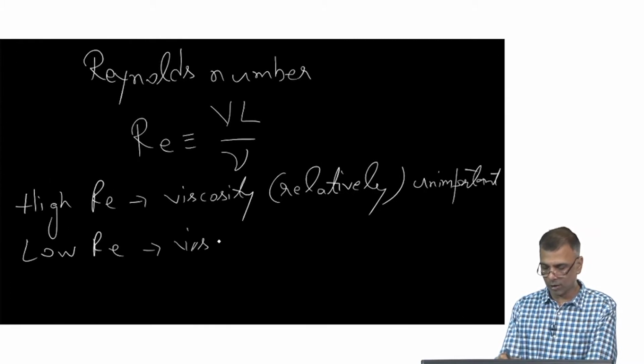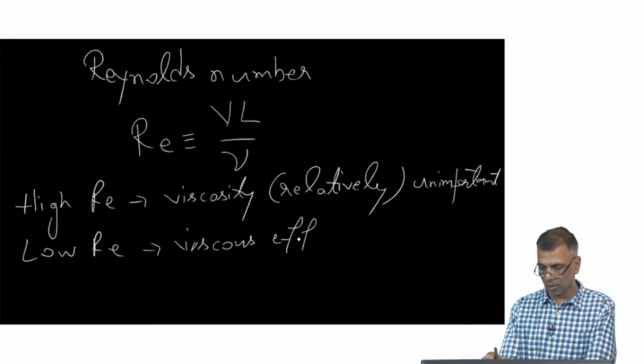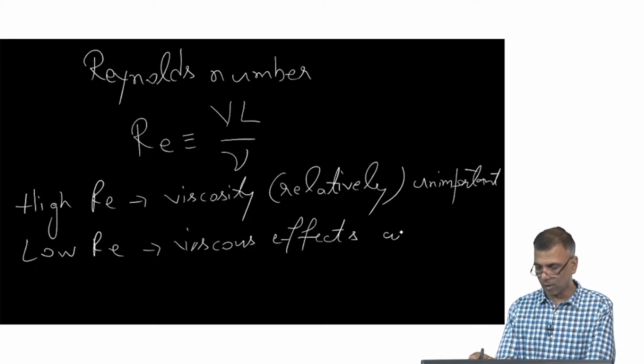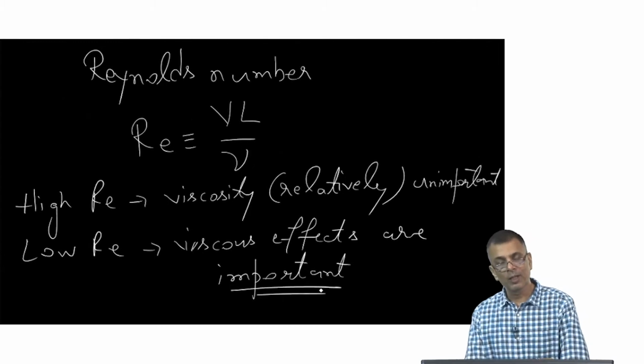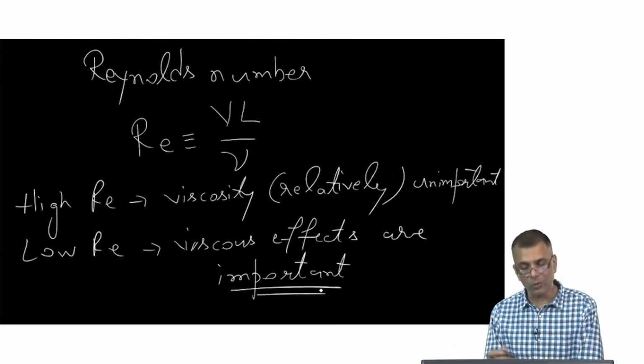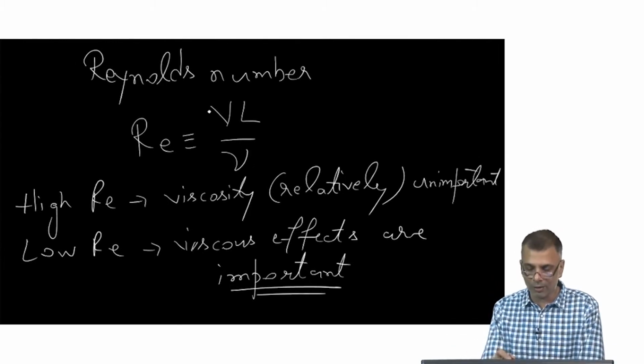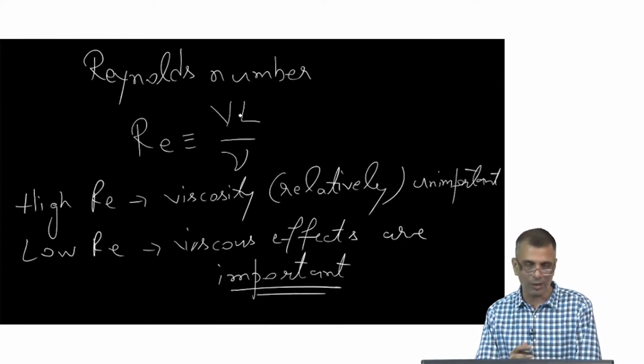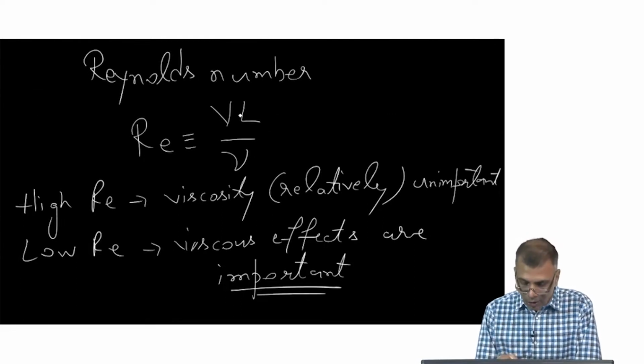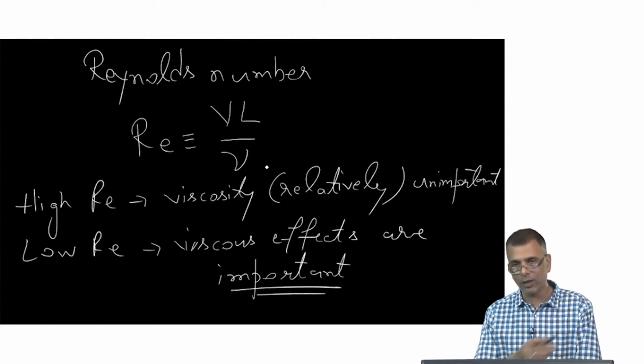At low Re, viscous effects are important. So these are the regimes. Now you might ask: it's one thing to figure out the characteristic velocity and the characteristic length scale, which we can do fairly easily, but unless you give me this very important transport coefficient nu, I cannot figure out the Reynolds number.